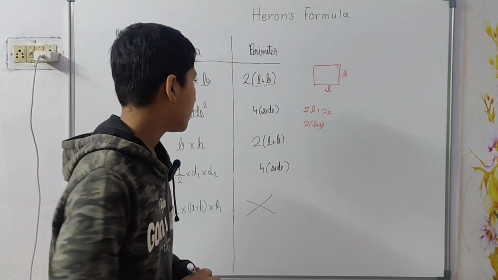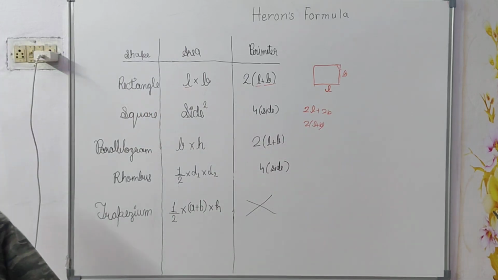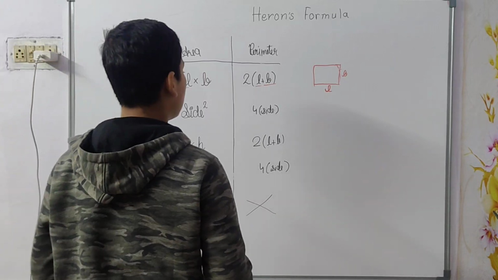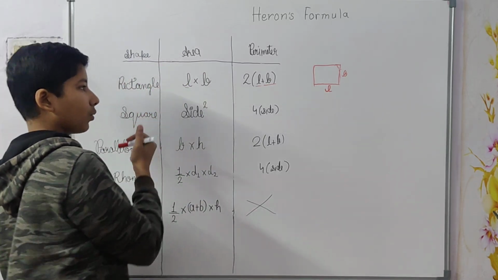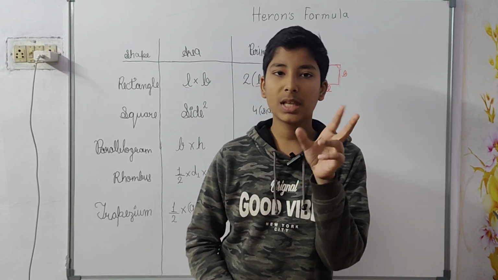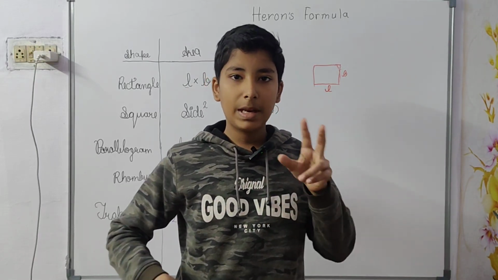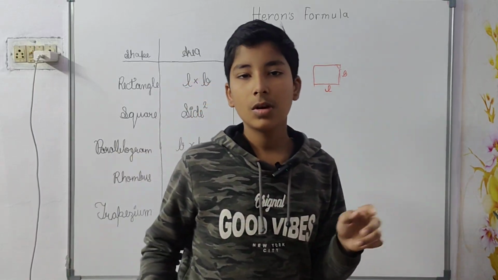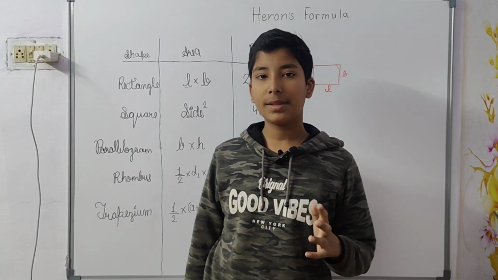Have you understood this? Now, let me explain this figure. See, this figure is a square. A square, as you all know, has two pairs of sides equal to each other and parallel to each other, and all the sides are equal.